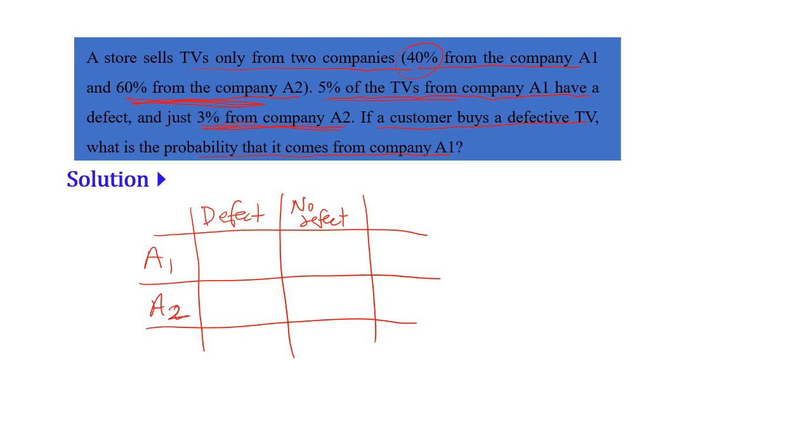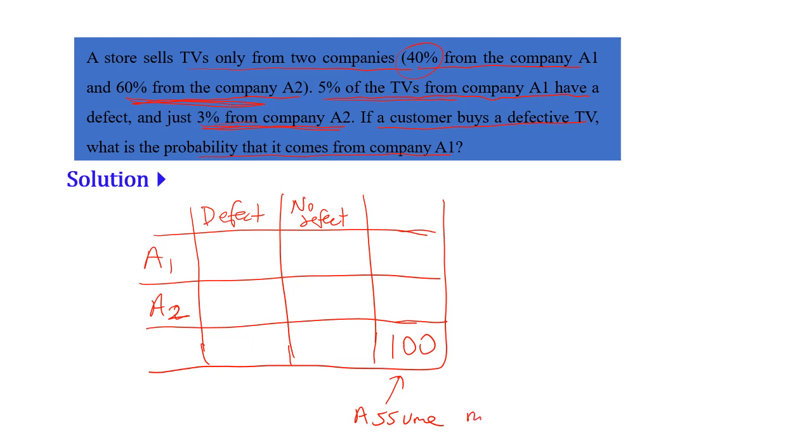In this case, we can use a table, and we can start from the population of TVs. What's the total of the TVs? You can assume it's 100. Assume the number of all TVs in the store is 100. Now we will fill out the table using this 100.